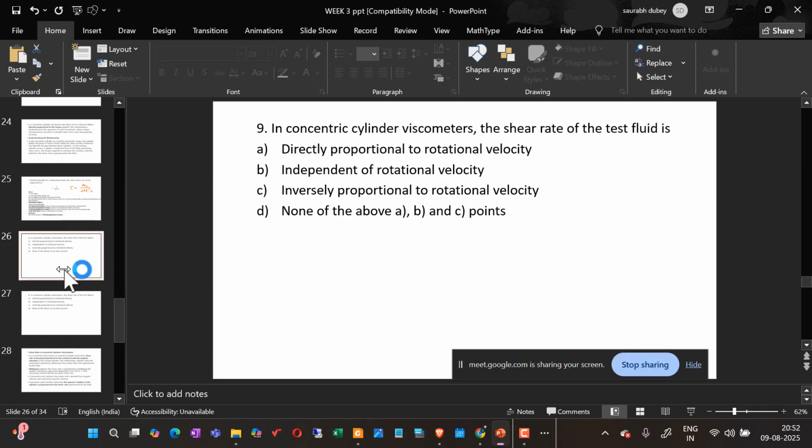Here, the shear rate in the concentric one was directly proportional to the rotational velocity, independent of the rotational velocity, or inversely proportional to the rotational velocity. Between shear rate and rotational velocity, it is very clear that the more the rotational speed, the more the shear rate. So it should be directly proportional.